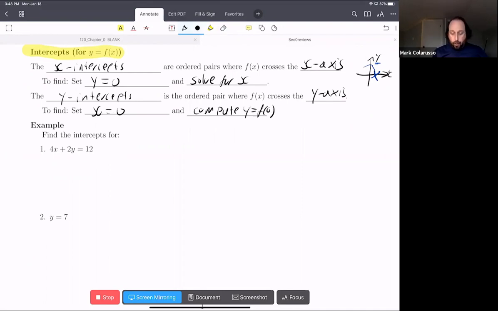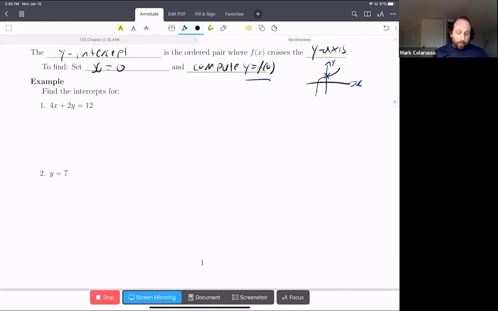That's very straightforward. And because it's a function, there will only ever be a single y-intercept. So in another picture, where does it hit the y-axis? That's exactly where the x-coordinate is 0. So we just need to compute f of 0, the output of the function at 0.